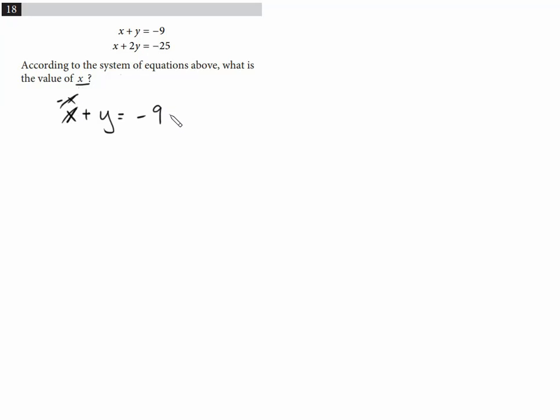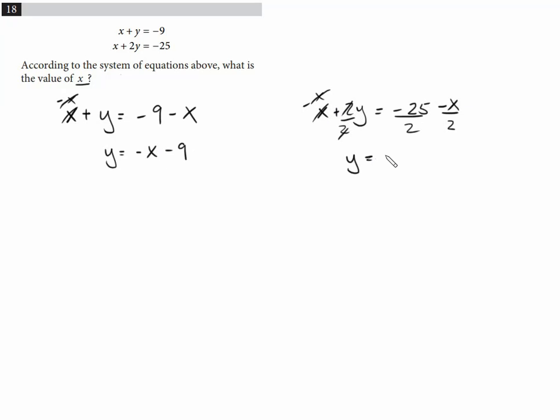Subtract x from both sides, and we have y equals -x minus 9. And x plus 2y equals -25. Again, subtract x from both sides and divide both sides by 2.